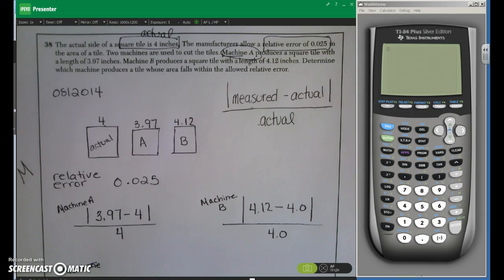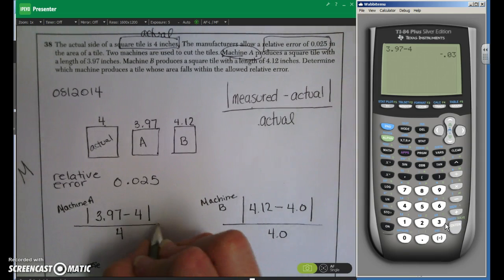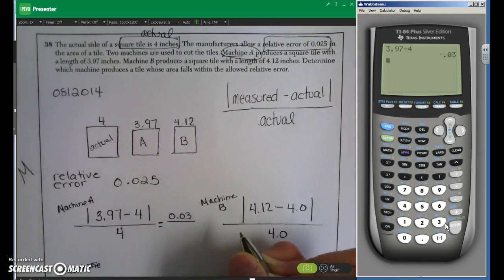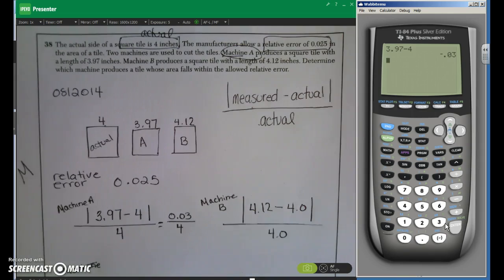First I'm going to type in the 3.97. Woo! Be helpful if I type the right number in, huh? 3.97 minus 4, and it says negative 0.03, but because it wants the absolute value, I'm just going to write the positive value.